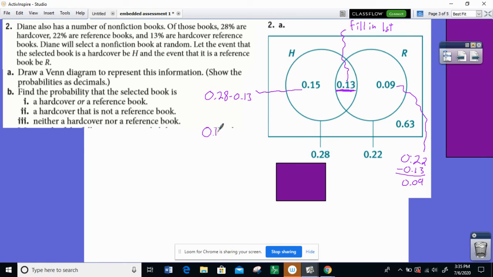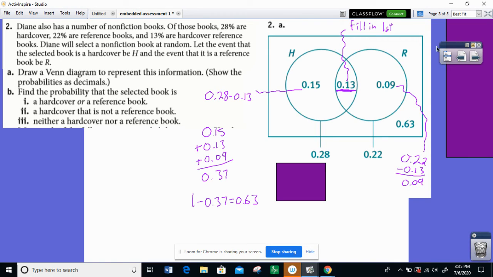Well, we've used 15% for the left, 13% for the middle, 9% for the right, reference only. So that adds up to 0.37. And we get this 0.63 by doing 1 minus 0.37. That's where the 0.63 comes from.